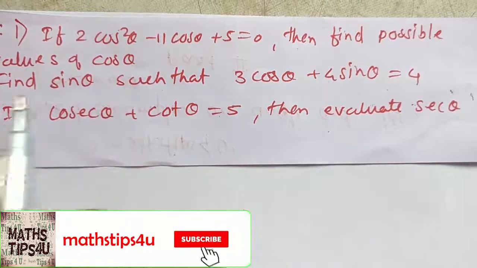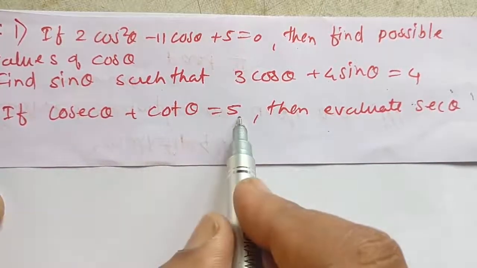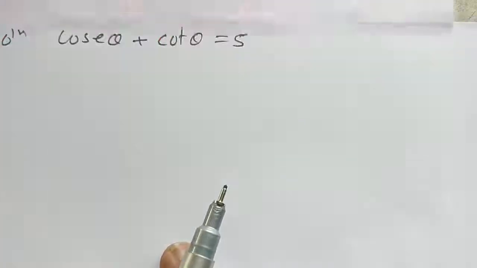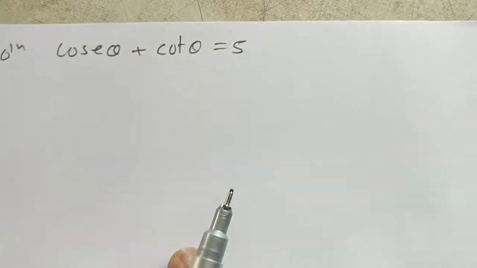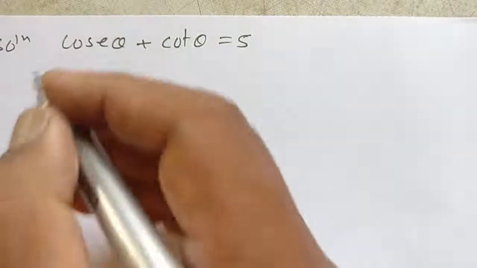The third and last example: if cosec theta plus cot theta is equal to 5, then evaluate sec theta. Solution: cosec theta plus cot theta is equal to 5.